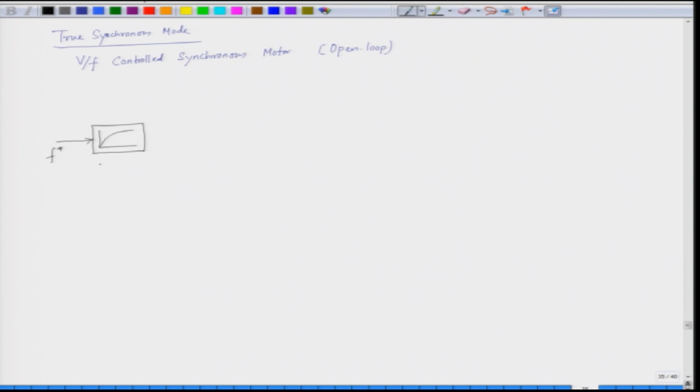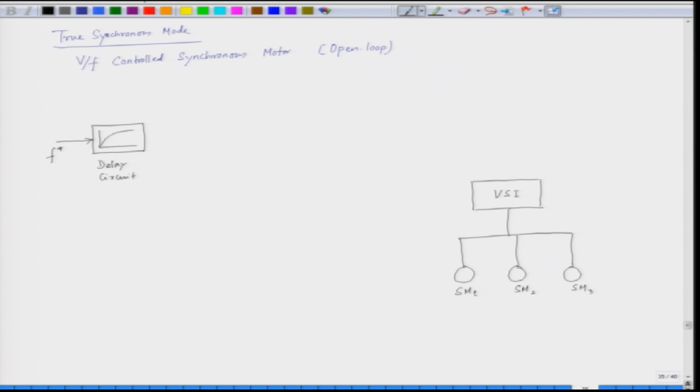So, here we have a delay circuit. And then we have a VSI, a voltage source inverter. And we have the synchronous motors which are fed, multiple synchronous motors. So, let us say we have SM1 and SM2 and SM3.